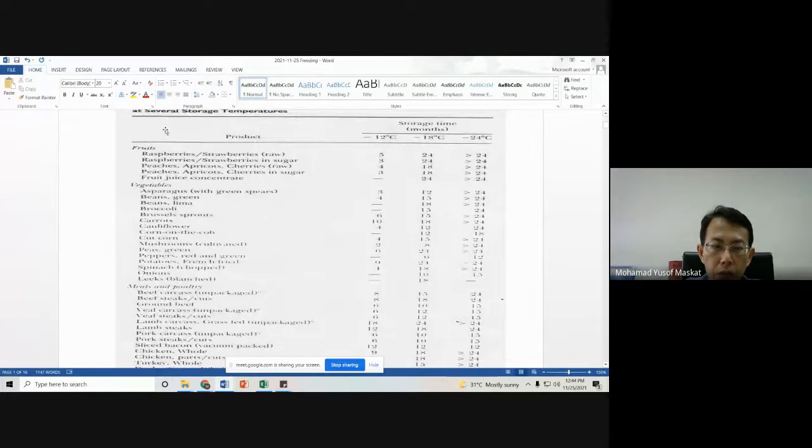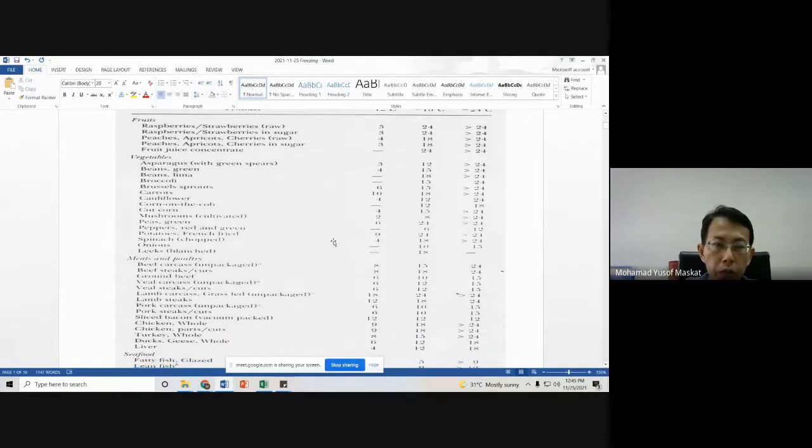This is just an example. Fruits, raspberries or strawberries, raw, at -12 it is 5 months, at -18 it is 24 months, that is 2 years, and at -24 it is more than 24 months, more than 2 years.